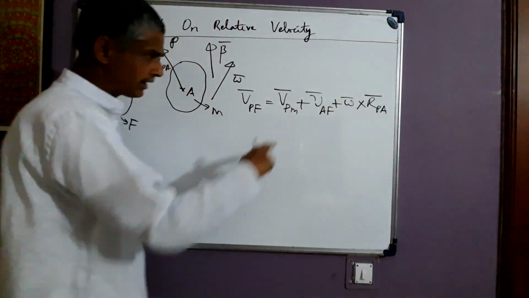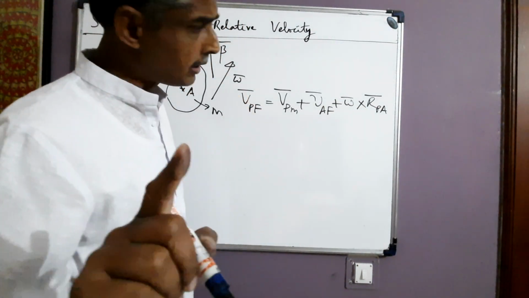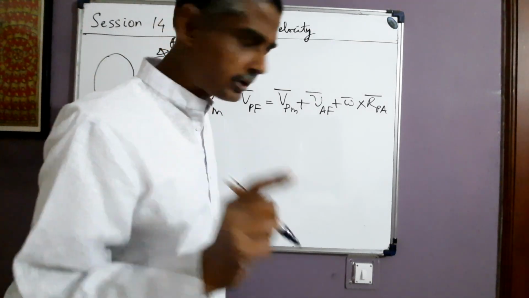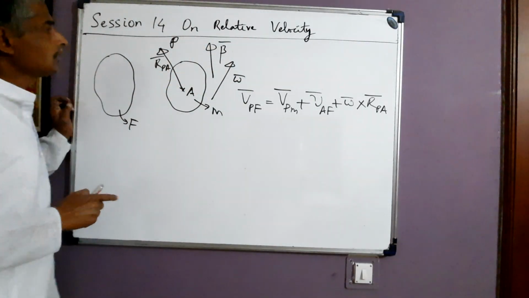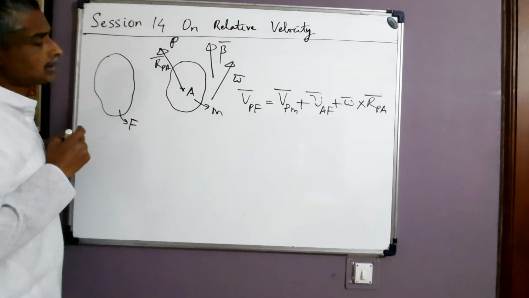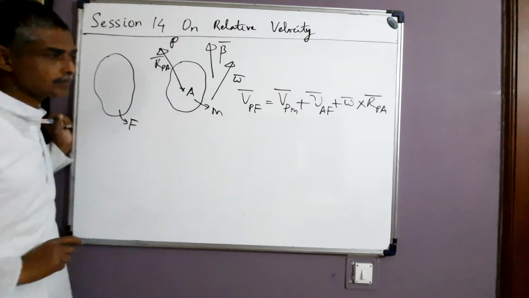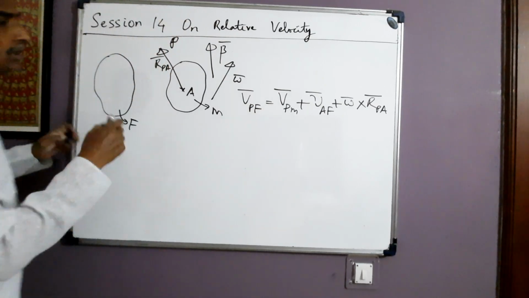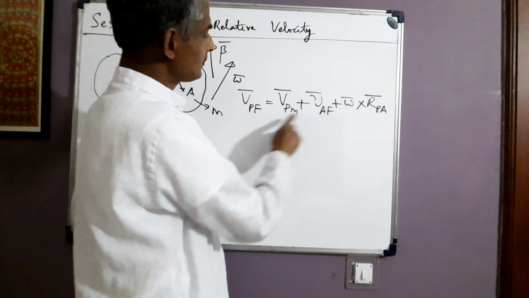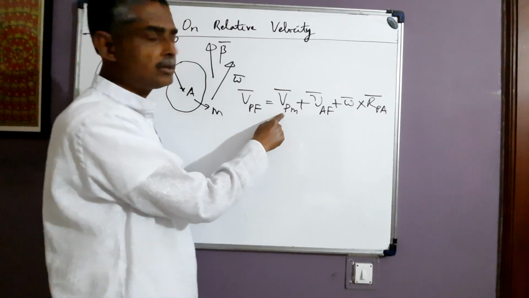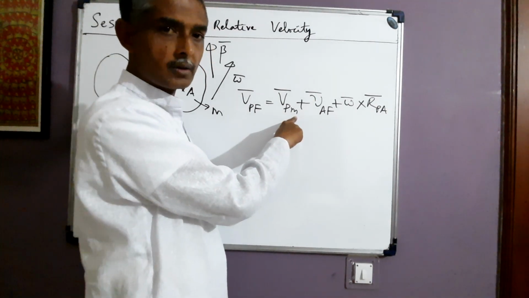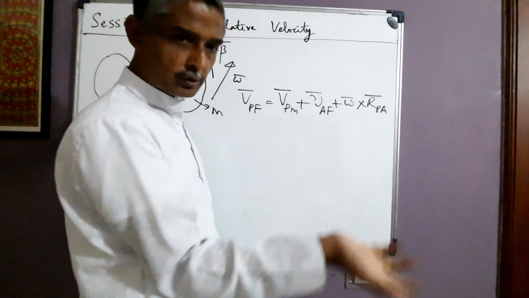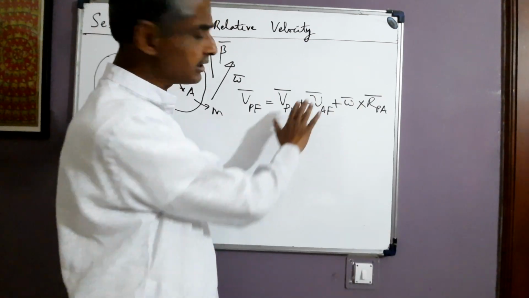But before that I would like to explain one point. In deriving this formula, P can be any arbitrary point. P need not be fixed with respect to M. P may be moving with respect to M and also with respect to F, the general case.